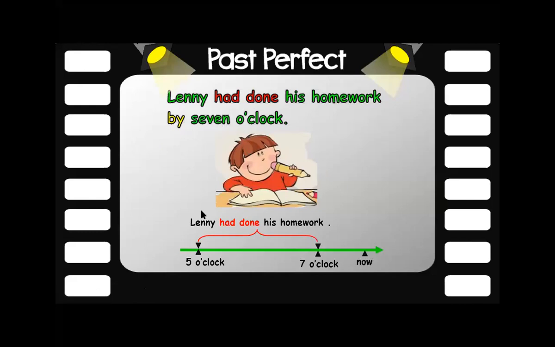Look at the timeline. Lenny started his homework at 5 o'clock, but he finished his homework at 7 o'clock. So I use the past perfect here and use by. By is the keyword for the past perfect. Lenny had done his homework by 7 o'clock. Okay?